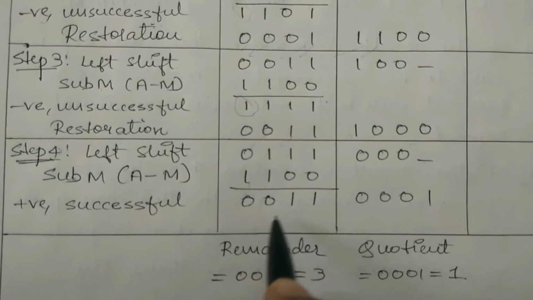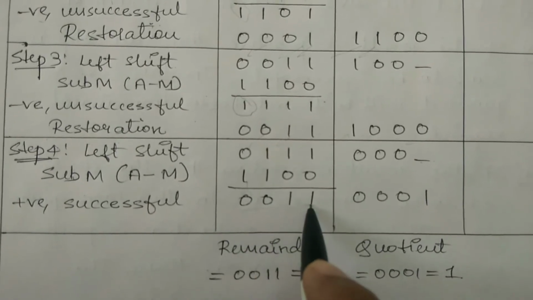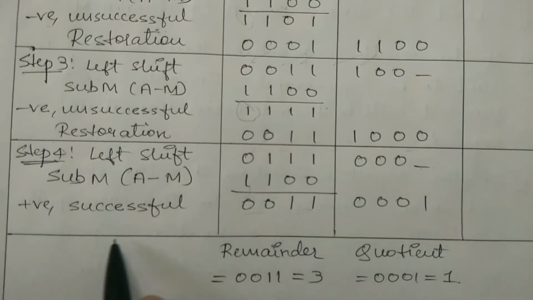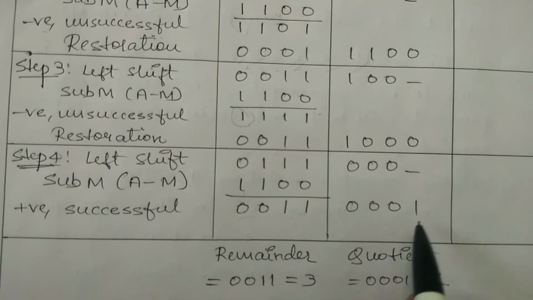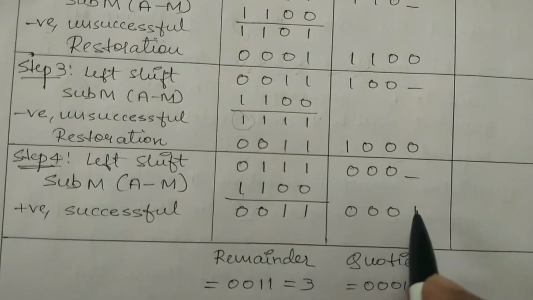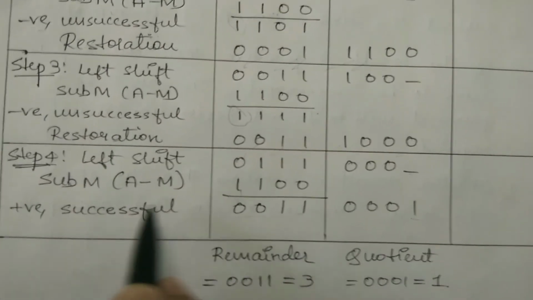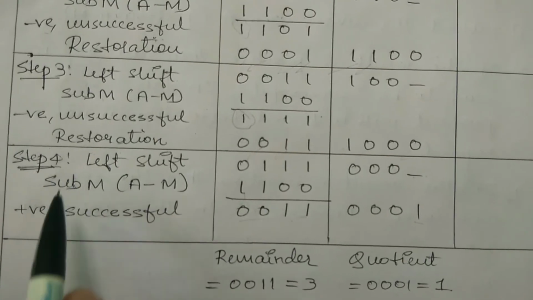So we got a positive number here, so this event is considered successful. And if it is successful, then we need to add 1 at the empty bit here. So we completed our step 4.